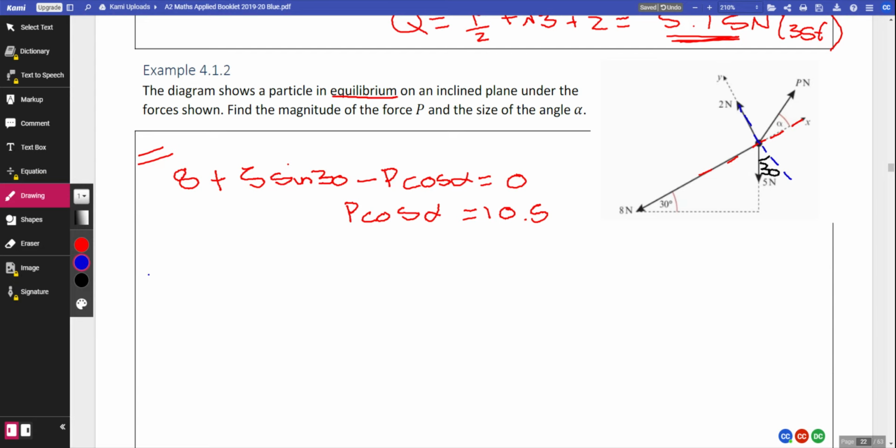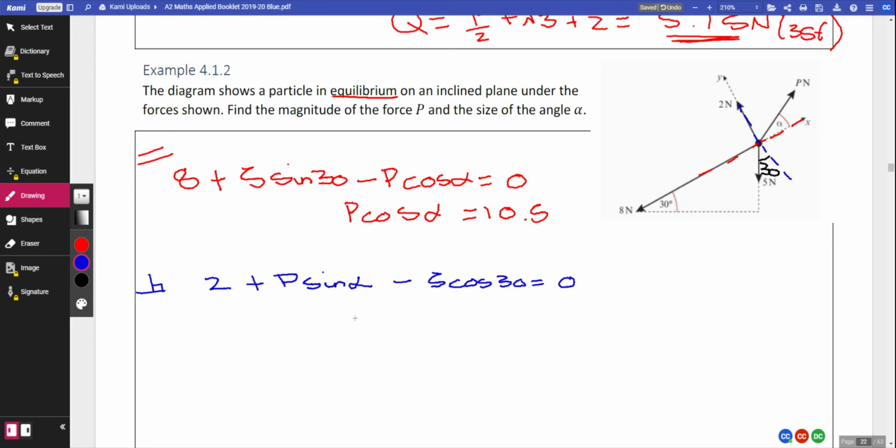Perpendicular. So we have got 2 acting upwards and P is acting in the same direction, so that's positive P sine alpha. You can write this as cos of 90 minus alpha if you want to, but then you would have to recognise that that's sine alpha when continuing with the question. 5 is acting in the opposite direction, so it gets a subtract: minus 5 cos 30 is equal to 0.